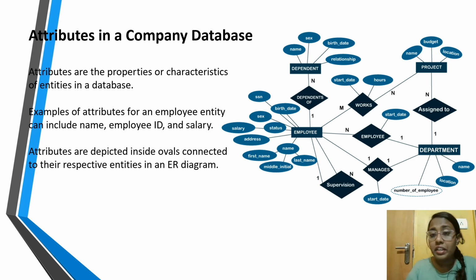All these are attributes, respective to their entities. So the employee entity has birth date, SSN, salary, sex, status, address, first name, name, etc. Whereas the project attributes are name, budget, location. So these are the examples of attributes.